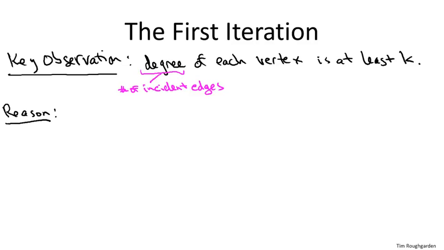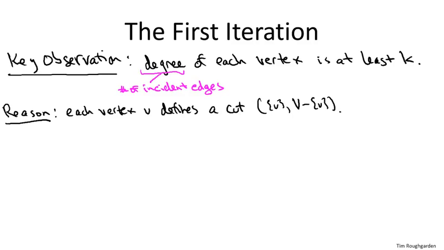Well, if you think about it, each vertex defines a cut by itself. Remember, a cut is just any grouping of the vertices into two groups that are non-empty and don't overlap. So one cut is to take a single vertex and make that the first group A, and take the other n-1 vertices and make that the second group, capital B. So how many edges cross this cut? Well, it's exactly the edges that are incident on the first node, the node on the left side.